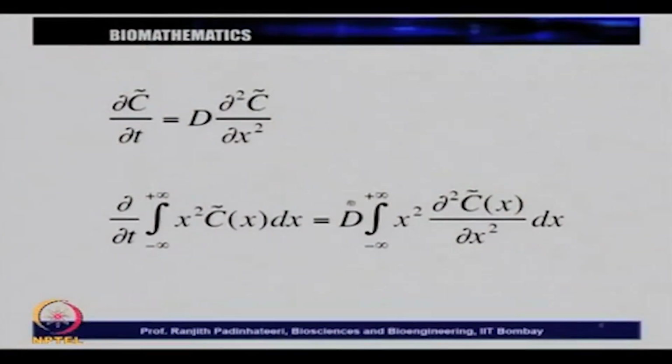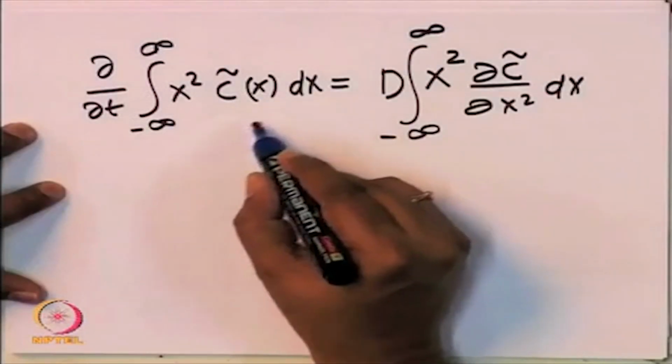Now, what is this part? What is x square c tilde?